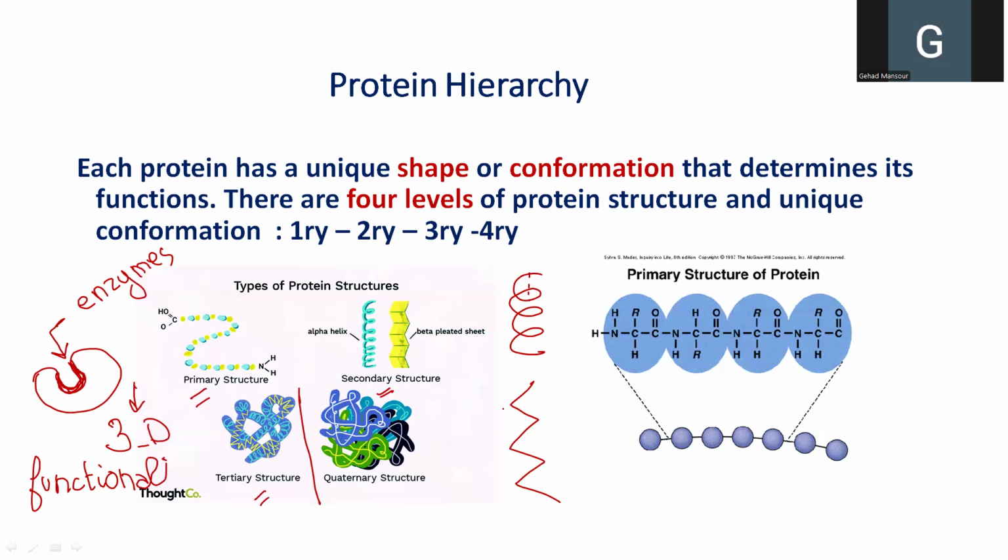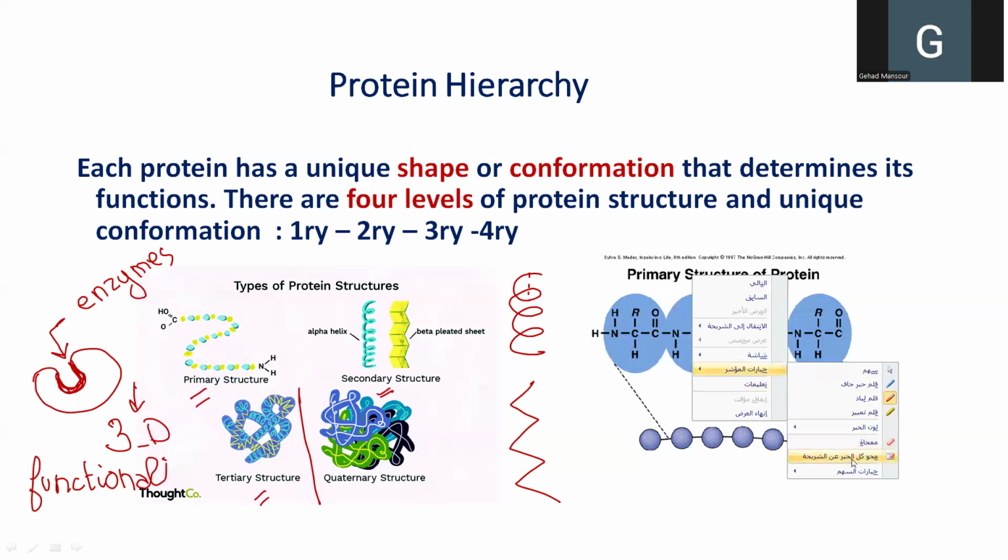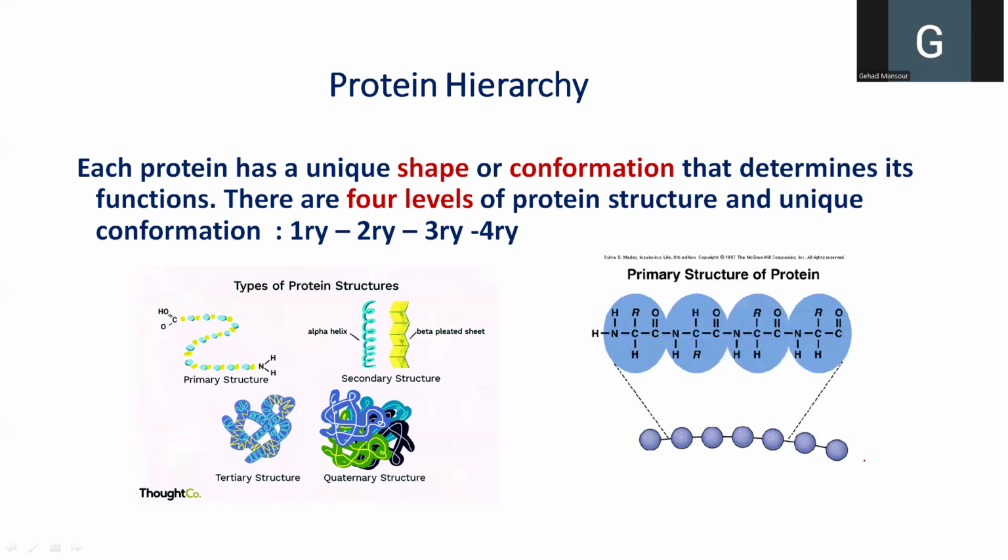On the contrary, the quaternary structure is the level of hierarchy of protein molecules where the molecule can contain more than one polypeptide chain. So this is an MCQ question.